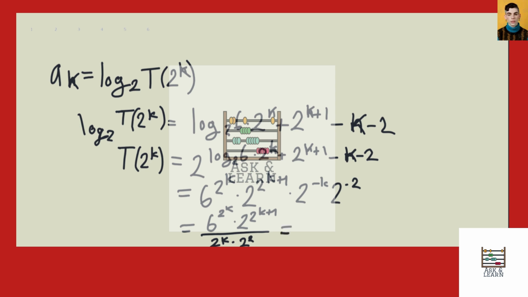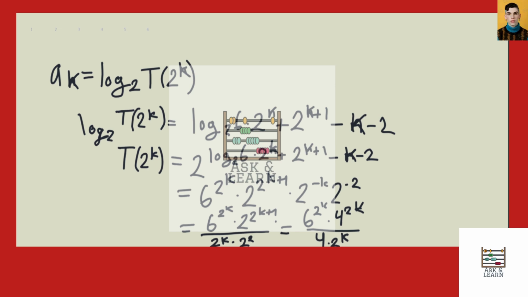And that is going to be equal to 6 to the power of 2 to the power of k times 4 to the power of 2 to the power of k over 4 times 2 to the power of k.